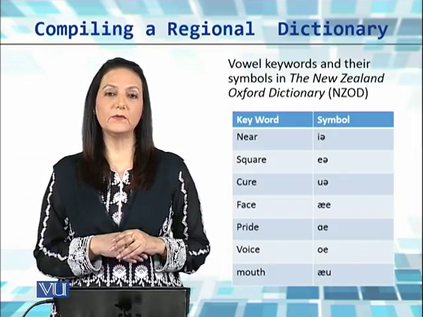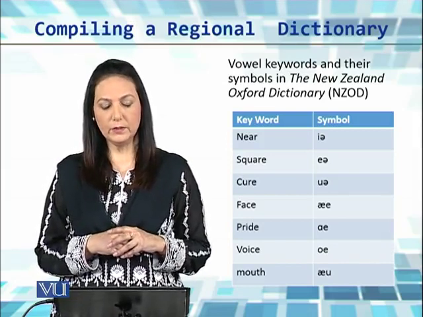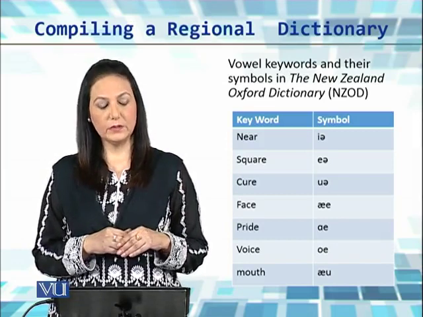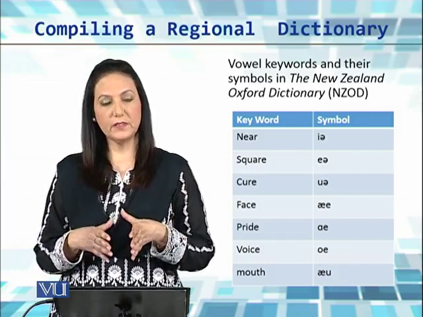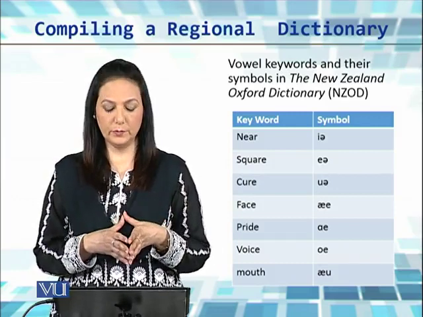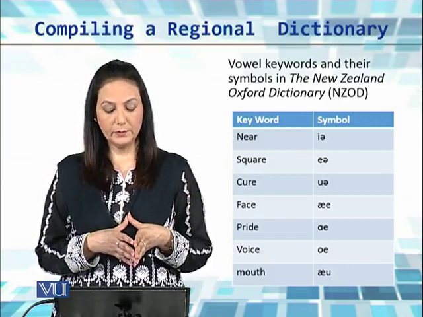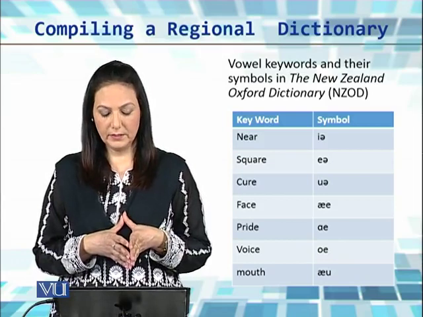For example, if we take a look at this list of entries from the New Zealand Oxford Dictionary, we can see that certain sounds are different from how the same words are pronounced, let's say in American or British English. For example, the last entry, mouth, is represented as mouth.